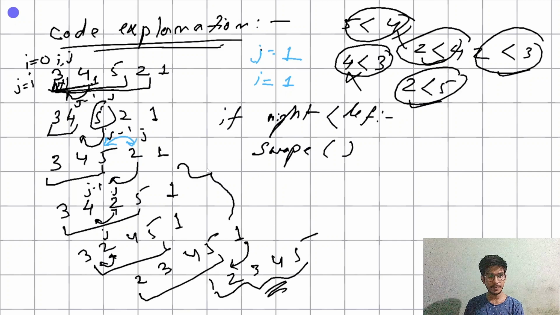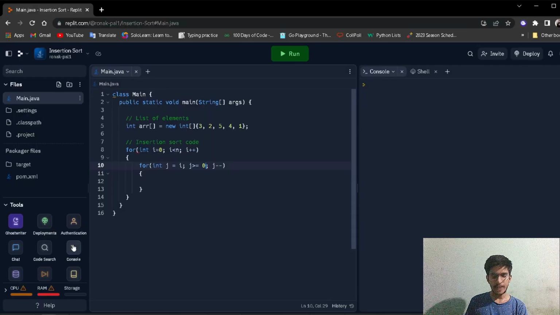If j tends to 0, then j minus 1 will be minus 1, and a negative number can't be an index, because an index always starts from 0, right? That would not be valid in that case. So j would go till 1 only.